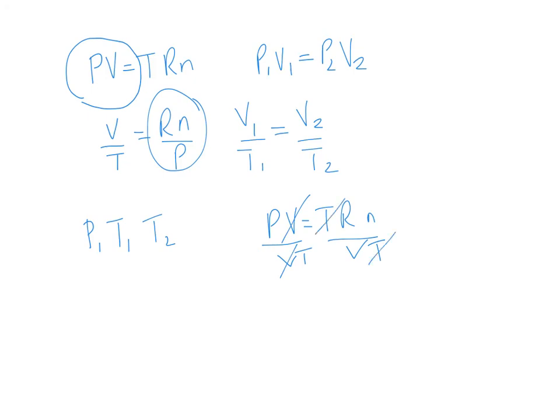T cancels on that side, so I have P over T is equal to Rn over V, which is a constant. So P1 over T1 is equal to P2 over T2. So really, the only gas law you really need to memorize is the ideal gas law. PV equals nRT.